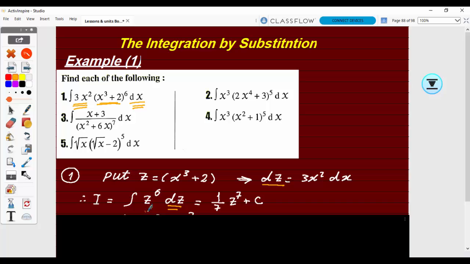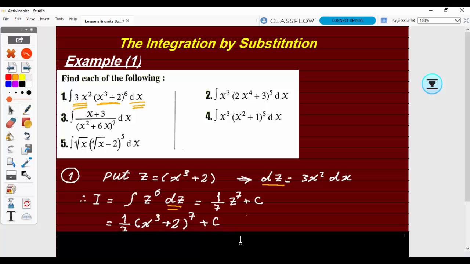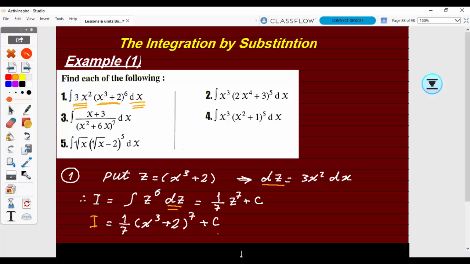So the result will be the integral of z^6 dz, which equals 1 over 7 z^7 plus c. Again, we substitute z equals x^3 + 2. So we have I equals 1 over 7 (x^3 + 2)^7 plus c, and this is the final result.